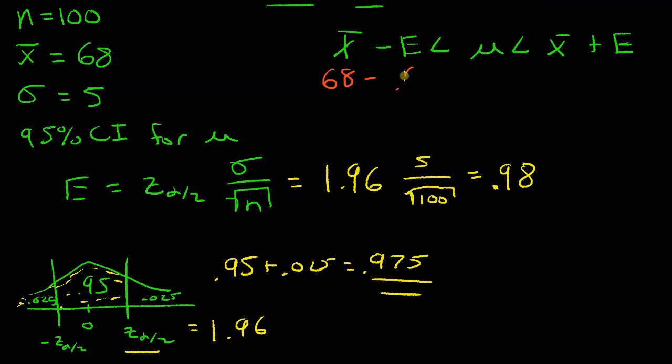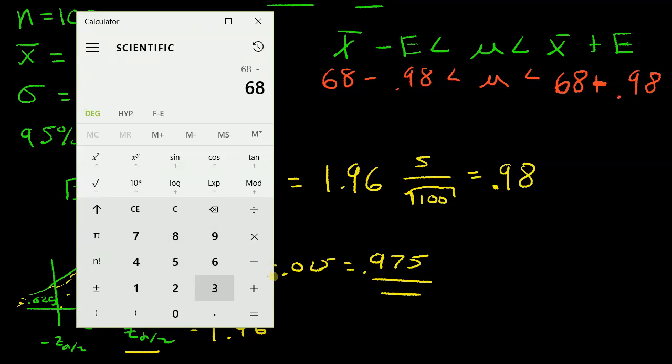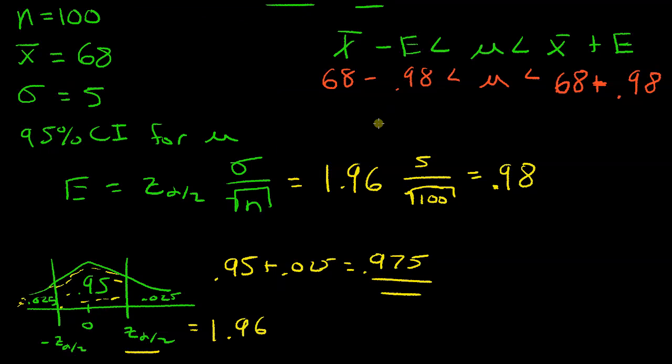68 minus 0.98, with mu in the center, and 68 plus 0.98. Let's pull out our calculator for this. 68 minus 0.98 is 67.02, and then when we add those two together, this will be 68.98.